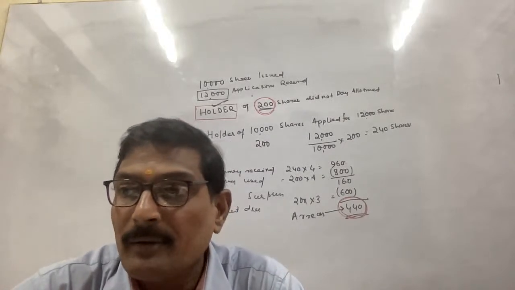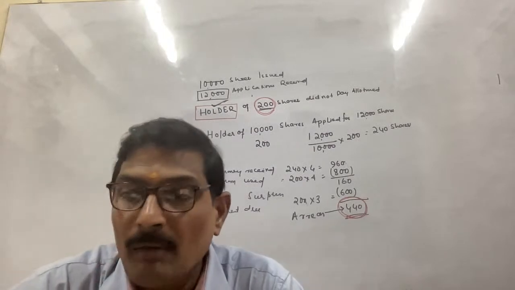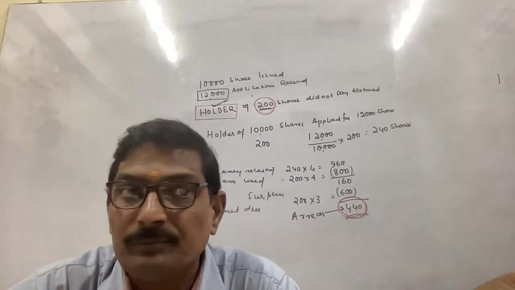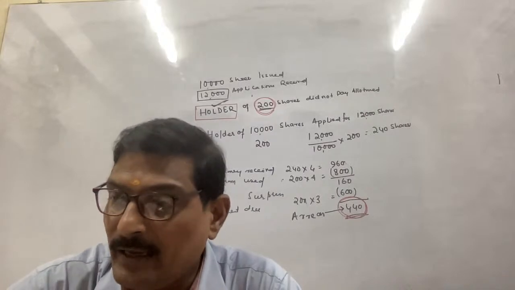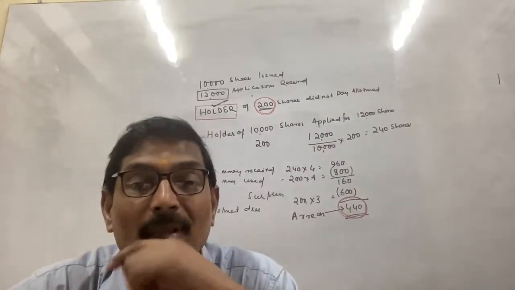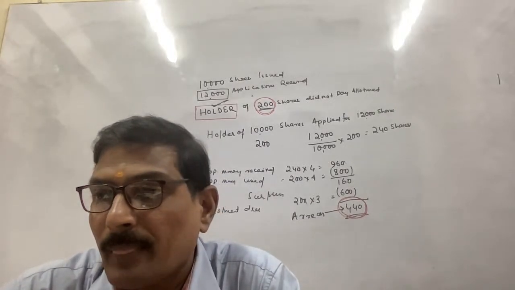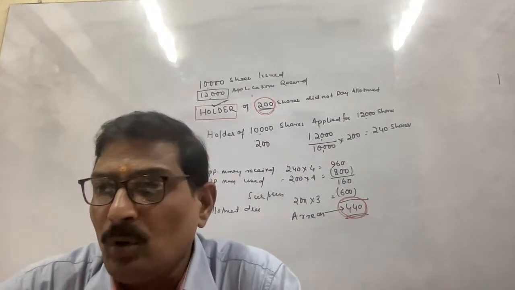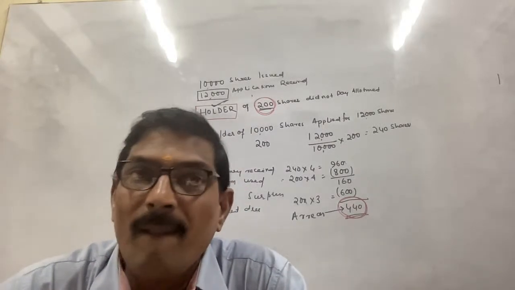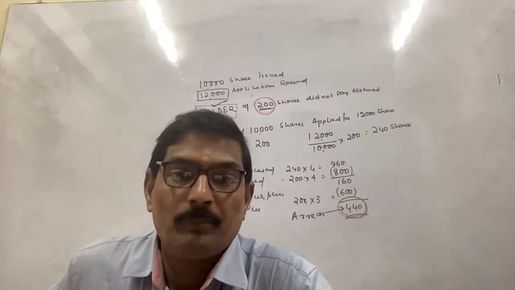So the entry will be bank account debited, 9,800 into 3, calls in arrear account debit, 200 into 3, to share first and final call. Right.